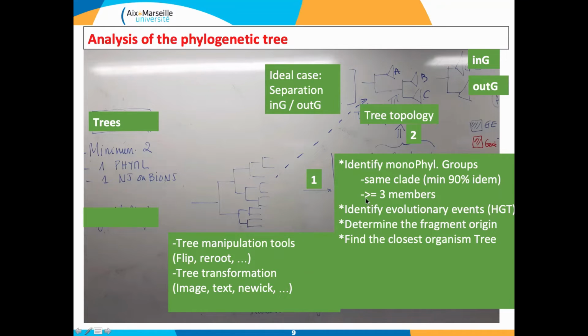And they should have at least 3 members. Once you get that, you can identify evolutionary events such as horizontal gene transfer. Then you will determine the origin of your fragment, and also the closest organism of your fragment.